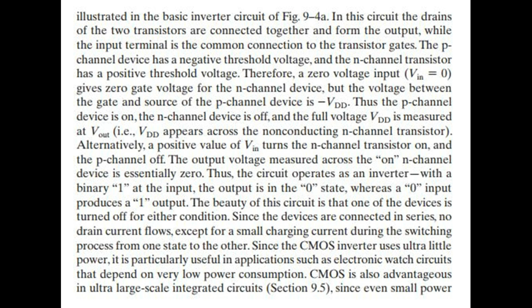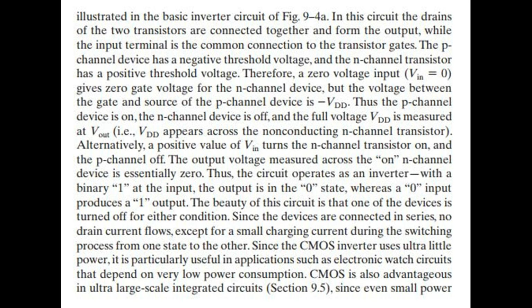In this circuit the drains of the two transistors are connected together and form the output, while the input terminal is the common connection to the transistor gates. The P-channel device has a negative threshold voltage, and the N-channel transistor has a positive threshold voltage.